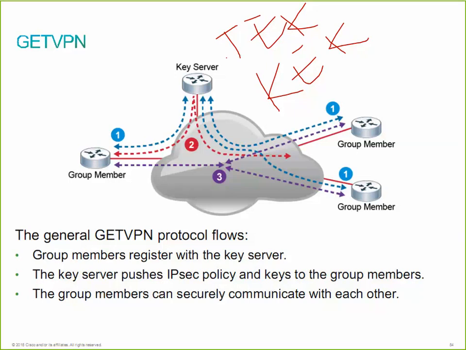We do that through this whole GDOI process. The group members have to register to the key server to receive whatever policies are being pushed down by the key server itself.